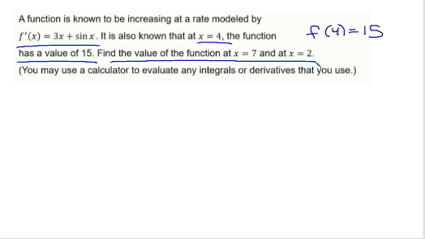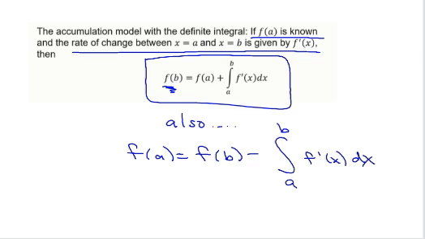What I know is that I'm working with an integral from 4 to 7. If we follow our accumulation model plan, we're going to integrate the derivative. We're going to put our function value at the top limit by itself.